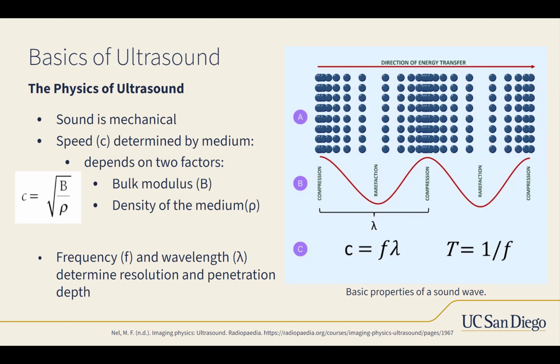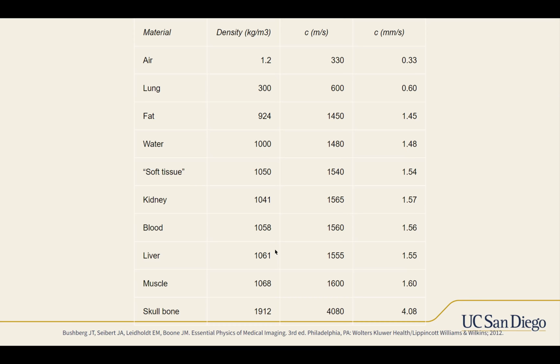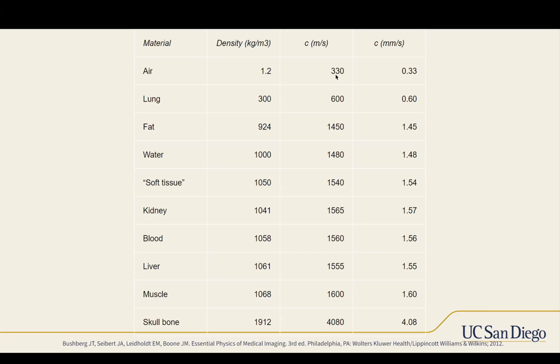So it's a chart relating the density of different materials we often encounter in ultrasound to the speed. You can see that air, being less densely packed, travels slower, whereas in something like bone, ultrasound travels faster.